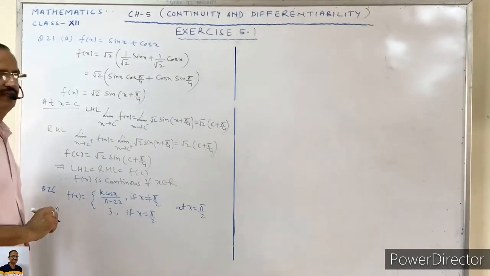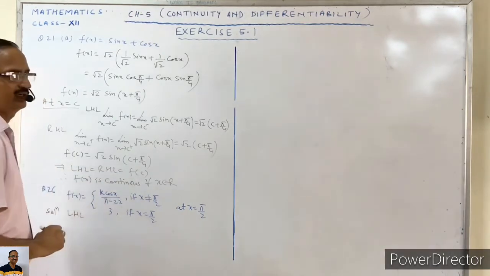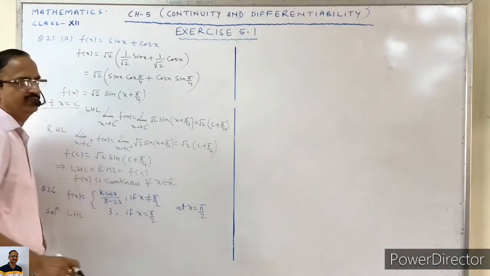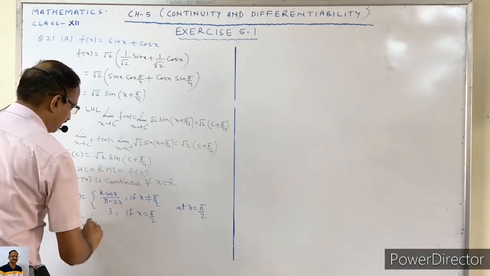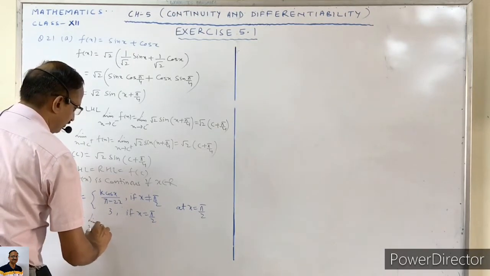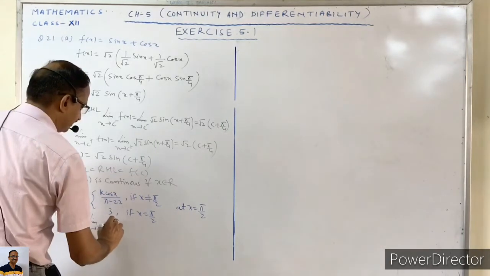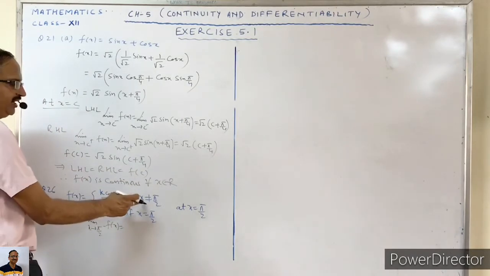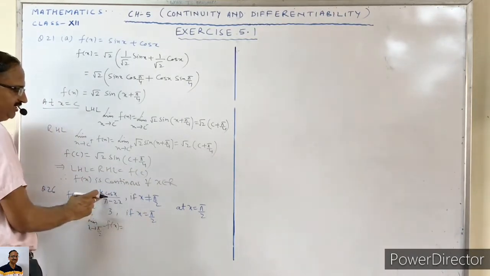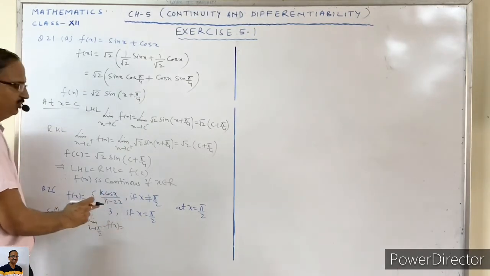First of all, we will find the left hand limit. For left hand limit, the point is what? x equals pi by 2. So we will write limit x tends to pi by 2 minus f(x), and for left hand limit and right hand limit, the function is this, k cos x upon pi minus 2x.